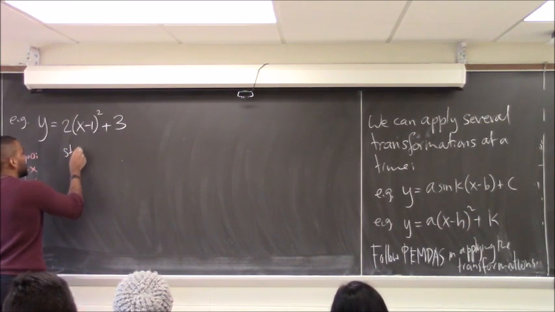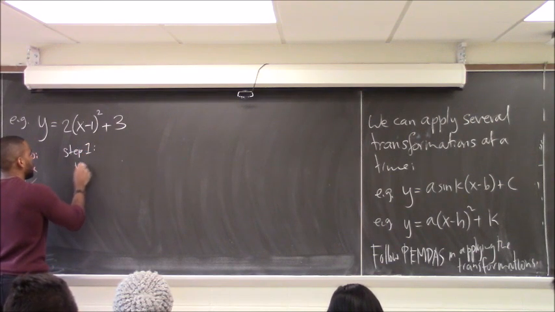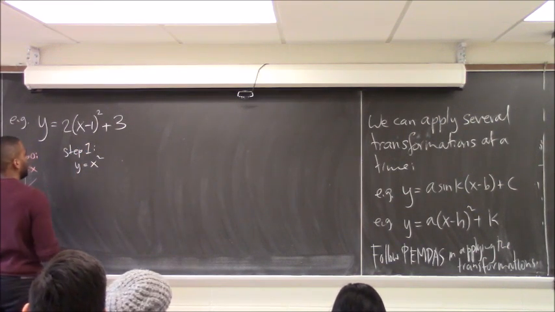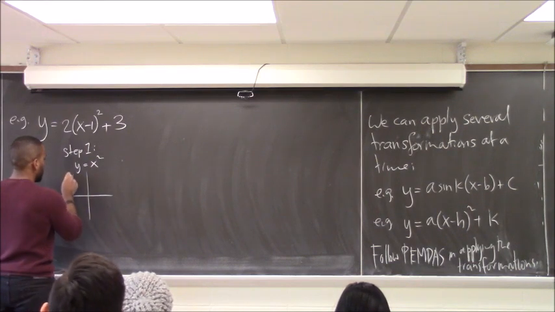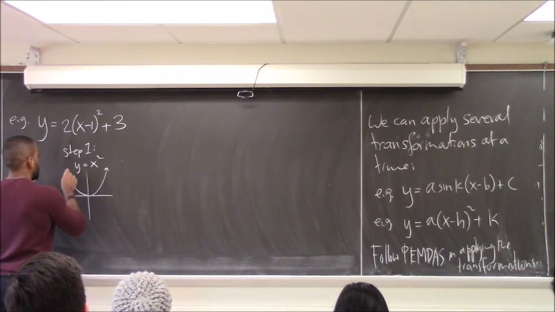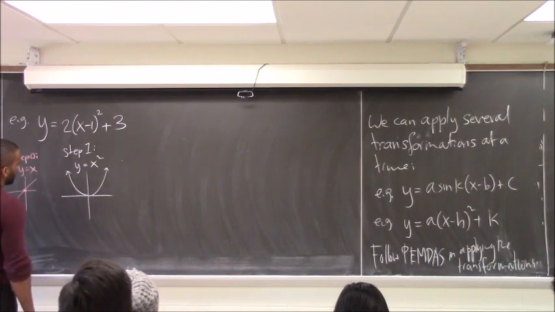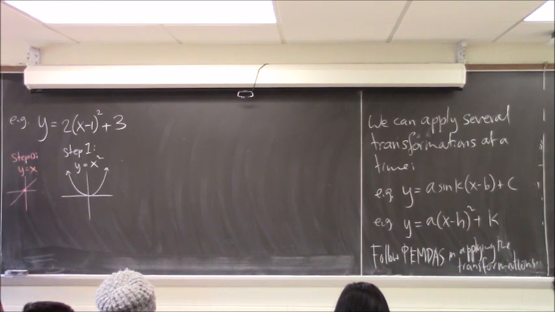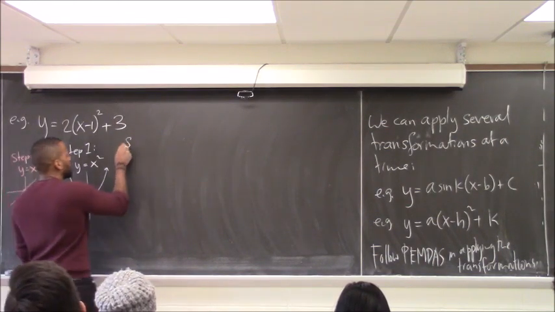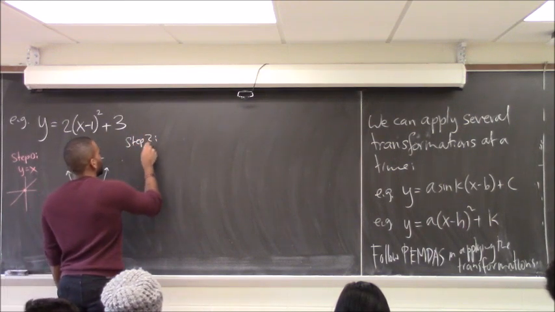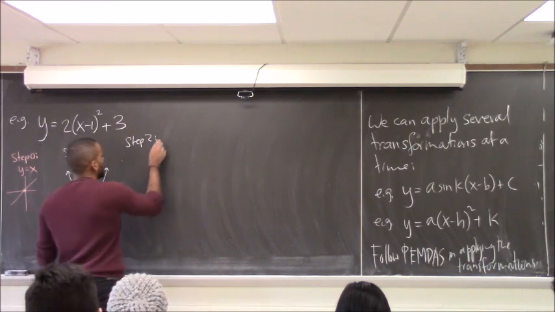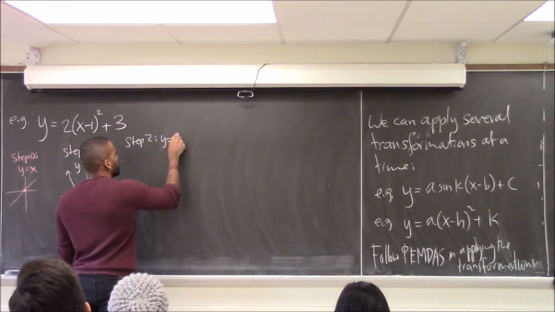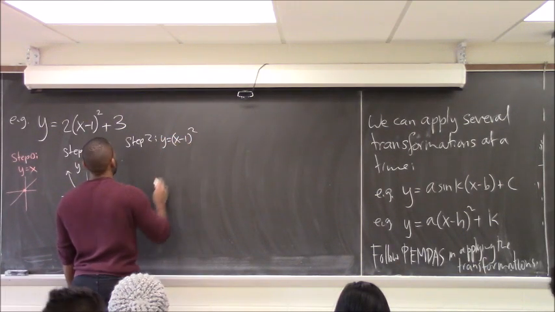But most people actually start by thinking of the first graph as x squared. Start with x squared. Step 2, what you want to do is, well, you have to apply a horizontal shift. So you graph the x minus 1 squared.